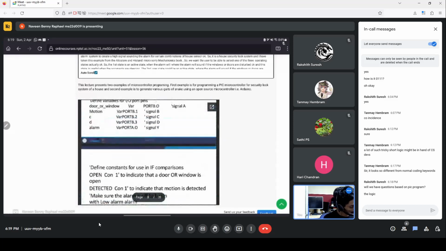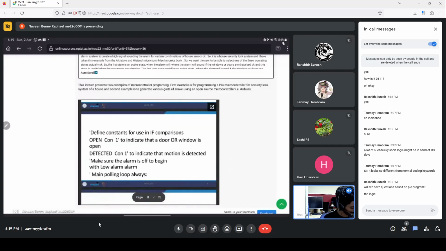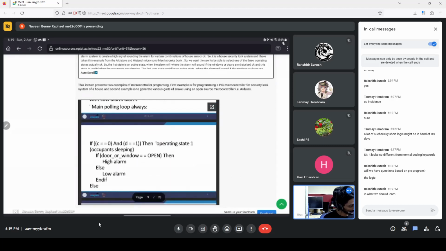So what's happening first is we are defining variables, and then you're defining constants and things of that sort. The logic in the end can be learned in any programming language, and the logic is the same almost everywhere.